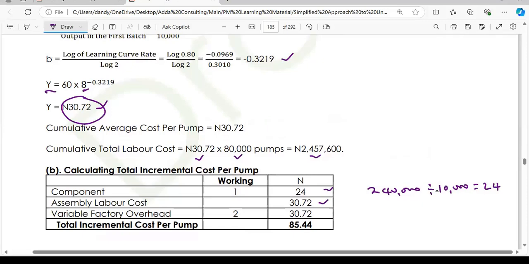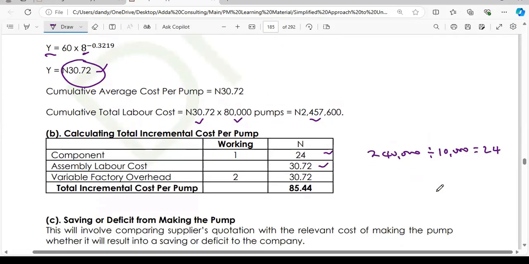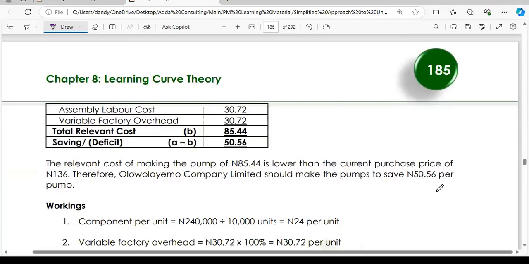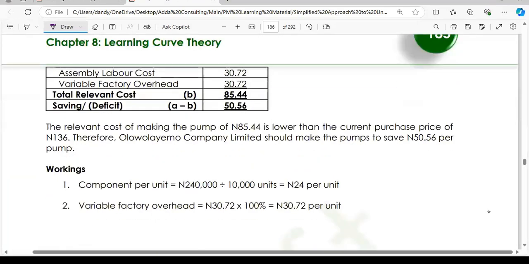Examiner now told you that the variable factory overhead is 100% of direct labor cost, and the direct labor cost is 30.72. 100% of 30.72 is the same thing as 30.72. When you add it up, the total incremental cost per pump is equal to 85 naira 44 kobo. That's it. If you want to check the working for the component and the variable, you see it down there. I've already done it. This is 24. This is 30.72 there.